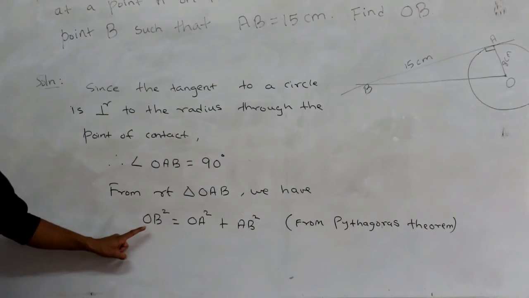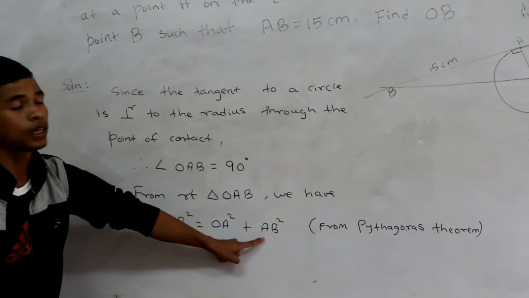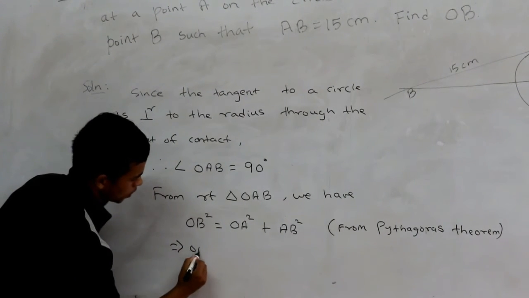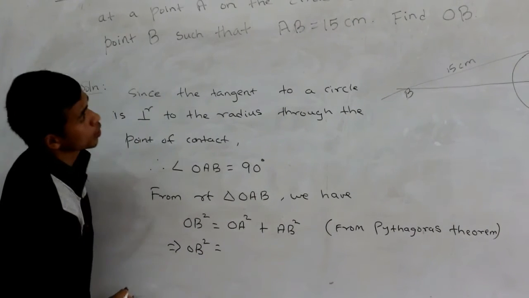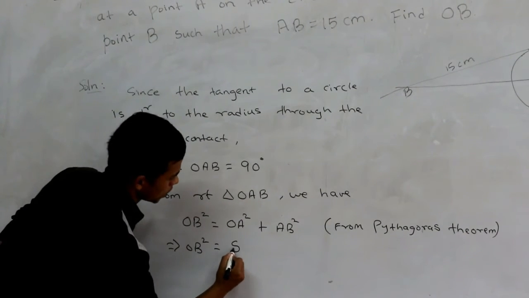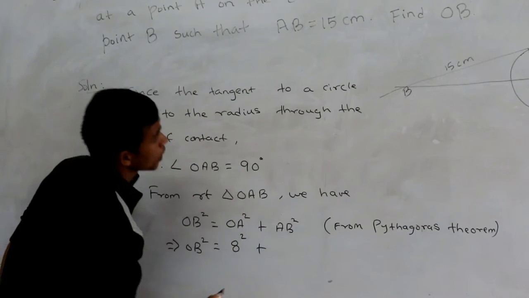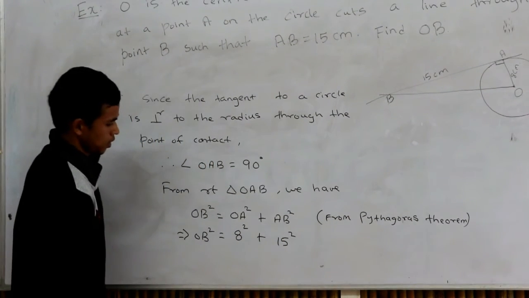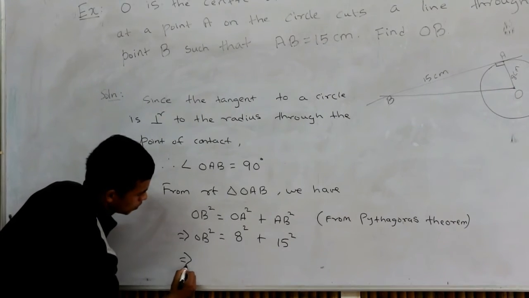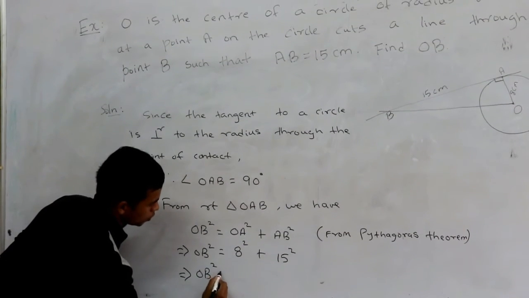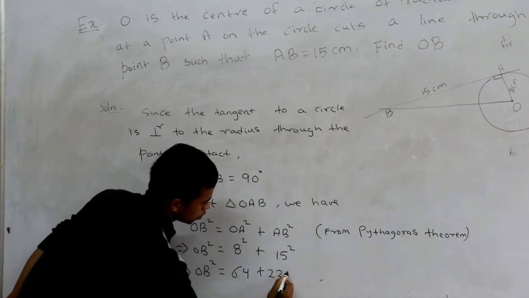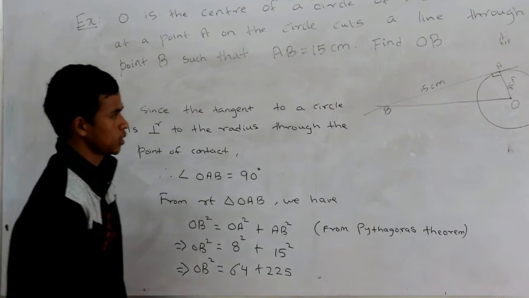And OA and AB, they are given in the question. So from here we can substitute. So OA is given to be 8 centimeters and AB is 15. So we can solve for OB from here. So this will be 64 plus 225.